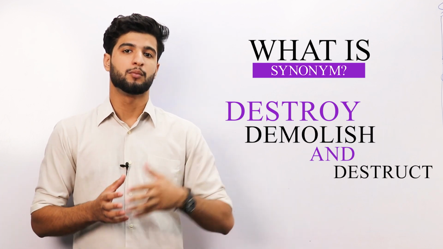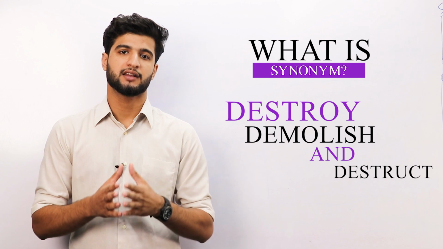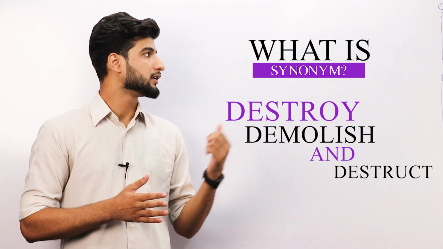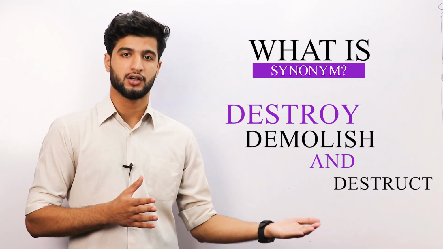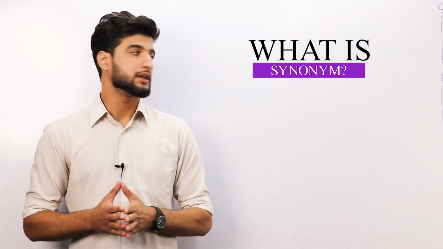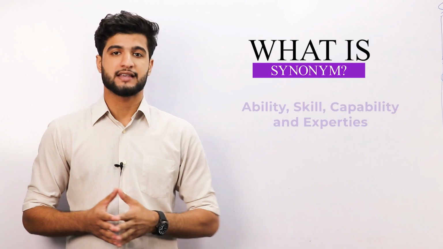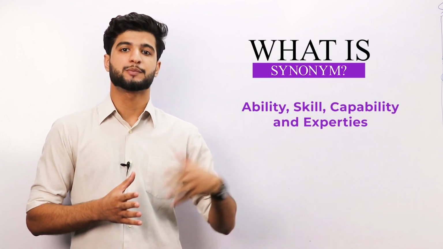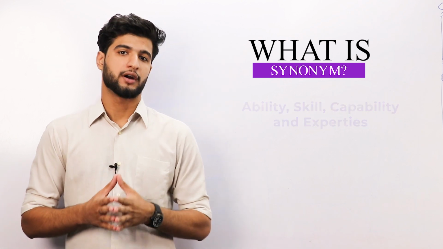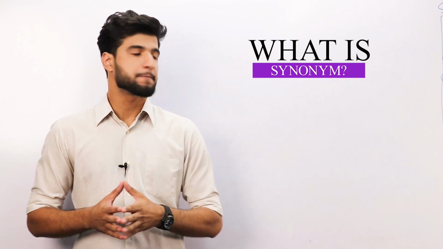And mostly, in 90% of cases, a synonym can be a verb, like destroy, demolish, and destruct, or a synonym can be a noun as well, such as ability, skill, capability, expertise, right? Or a synonym can be an adjective.